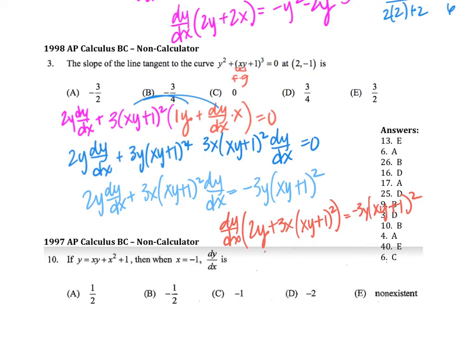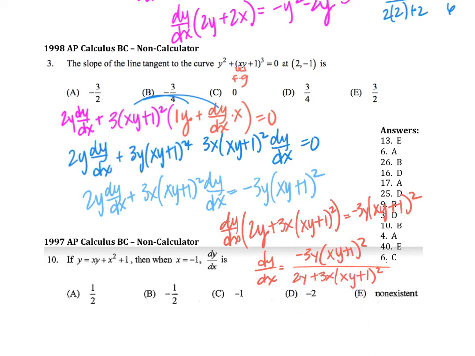And therefore my dy/dx is negative 3y(xy + 1)^2 all over 2y + 3x(xy + 1)^2.